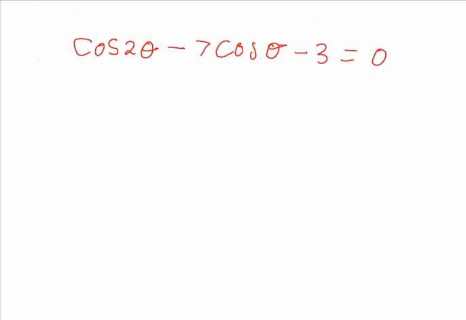If you see this, you'll recall that cos 2 theta can be simplified using the identities that you learned: it's the same thing as 2 cos squared theta minus 1. So I just change this using the identity.